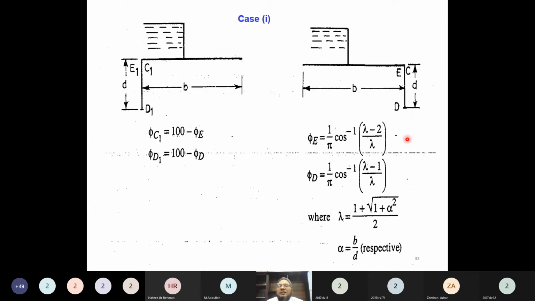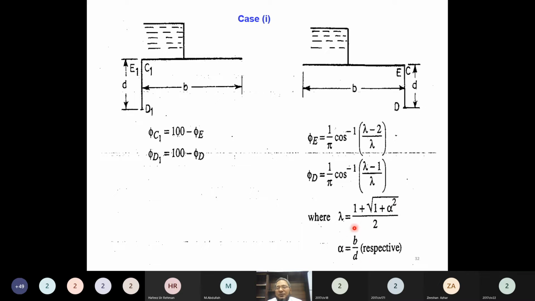Okay, now come to this side. So how can we compute the uplift pressure at point E? So phi E, here the pressure is 1 over pi cos inverse lambda minus 2 over lambda. And what is the lambda? Lambda is 1 plus under root 1 plus alpha square over 2. And what is alpha?